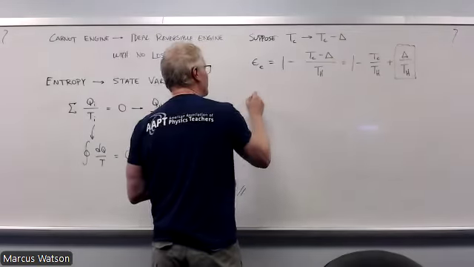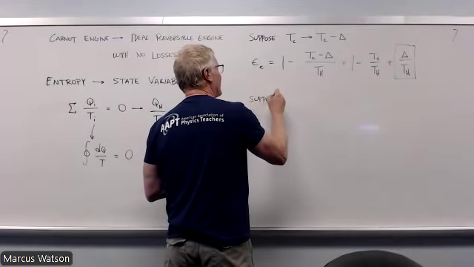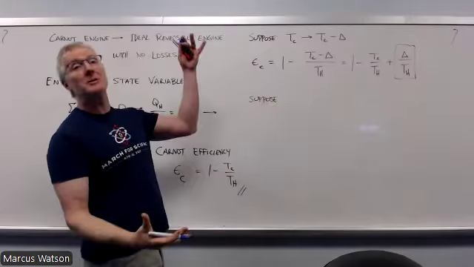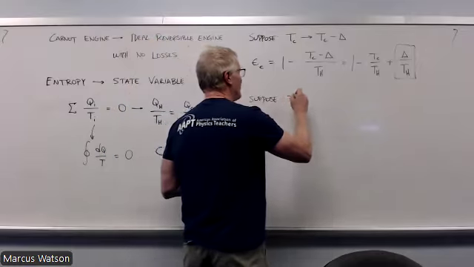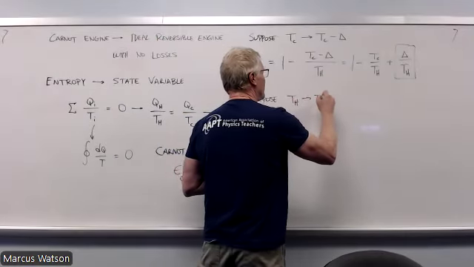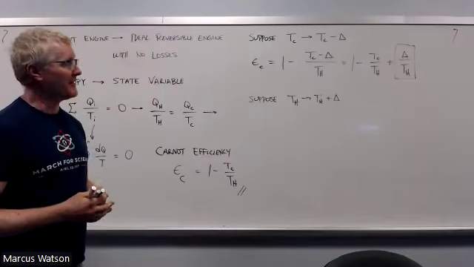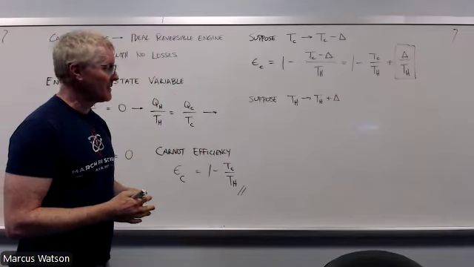Now let's look at the other situation. Instead of decreasing the cold temperature, I'm going to increase the hot temperature. Now suppose I'm going to go delta of an increase to the hot temperature. Okay?